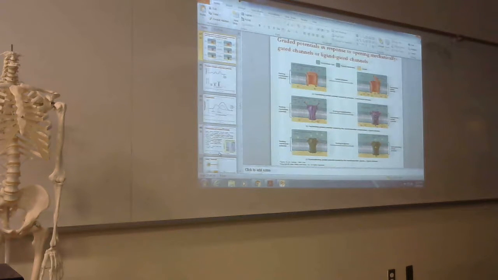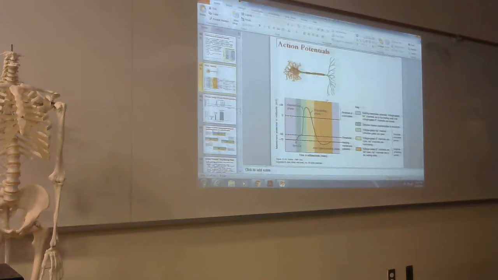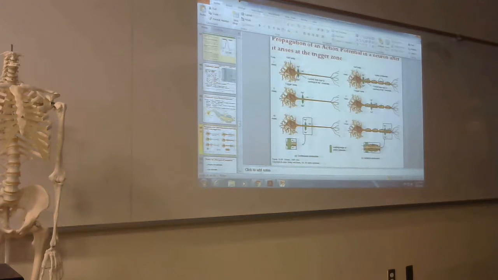So the axon only contains voltage gates. And what happens when that action potential reaches the end right here? The release of neurotransmitters. And you know that there's two general types, excitatory versus inhibitory neurotransmitters.